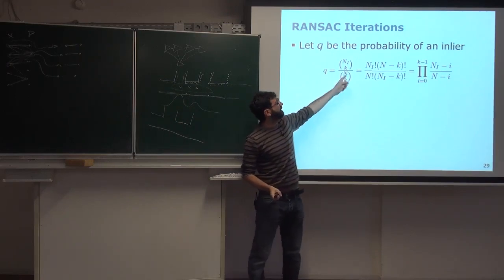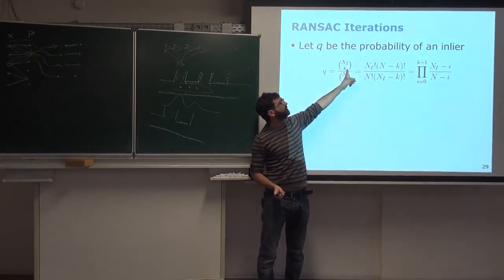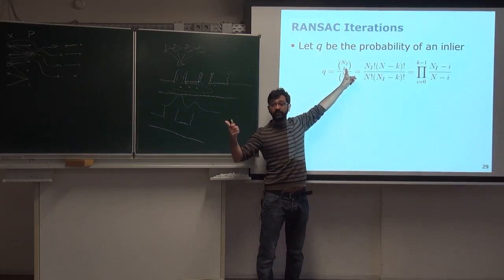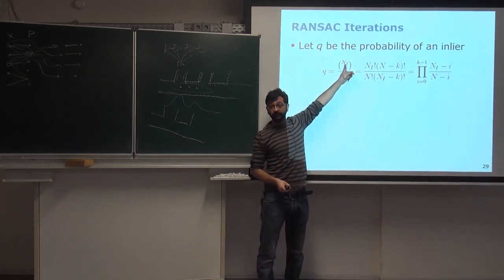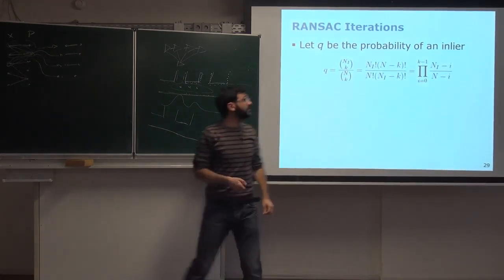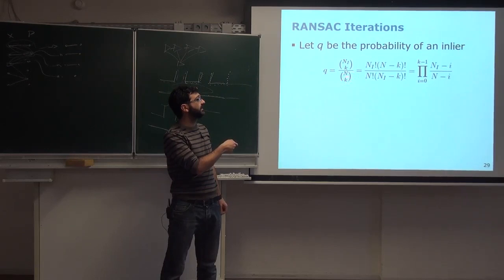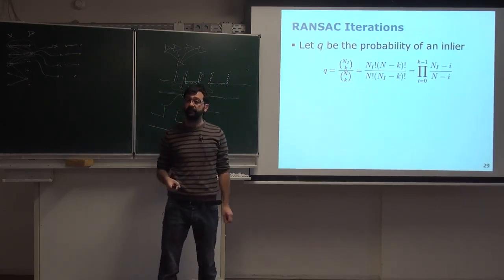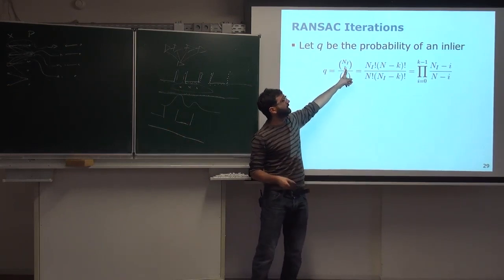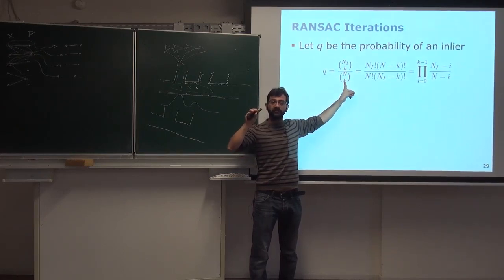This will be then the number of inliers, all possible k, and k is the minimal sample set, out of the number of inliers, okay? And then we have k out of the number of all potential points. This basically is the ratio of the minimal sample sets which are composed only of inliers, okay? And this is any possible combination of k elements out of n, okay? So this is the number of outlier-free minimal sample sets. This is the number of minimal sample sets, okay?